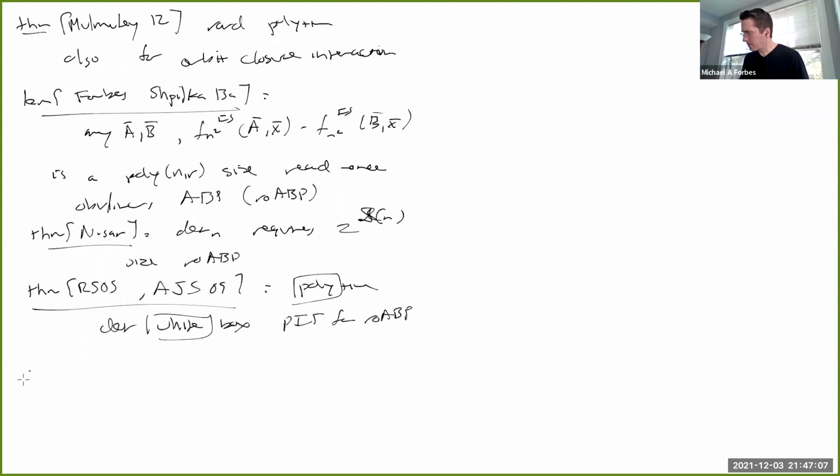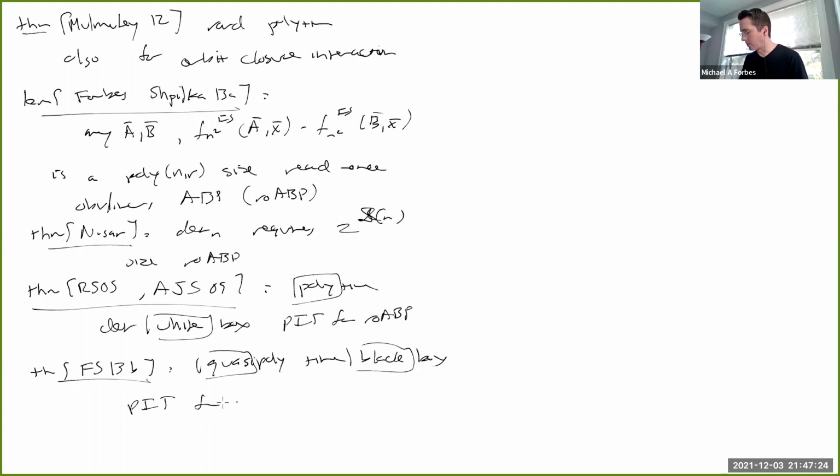And in a different work from the same year, of myself and Amir, we showed that there's a quasi-polynomial time black box PIT for read-once ABPs. And so instead of applying the randomized Schwartz-Zippel lemma to only obtain a randomized polynomial algorithm for this orbit closure intersection, we can instead apply these deterministic algorithms.